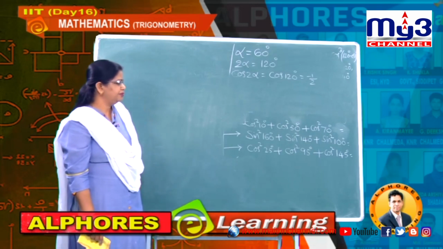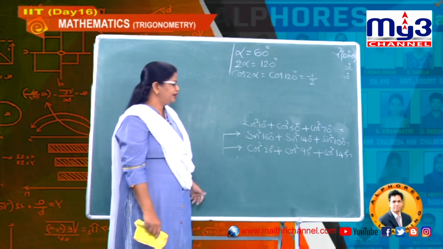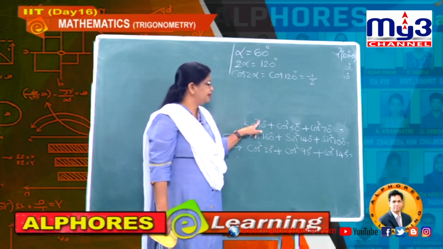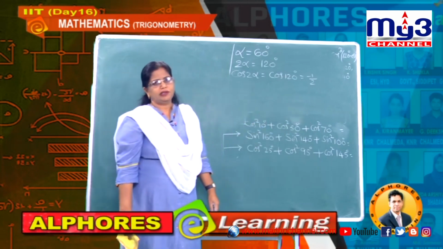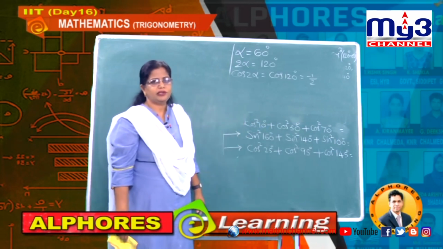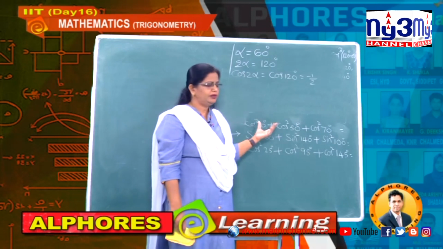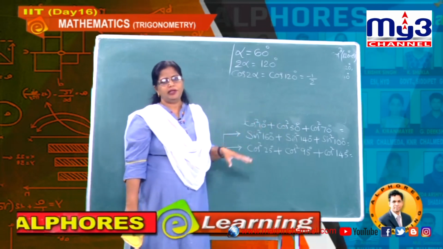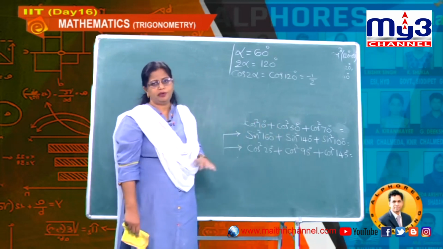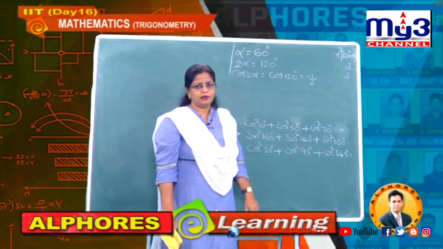Now, students, basing on that concept, what results they may ask? Observe here. First observation is sum of squares, and they may be in terms of sine or in terms of cos. Earlier also, while doing the concept of trigonometric ratios and identities as well as compound angles, we have observed these model problems with different angles.